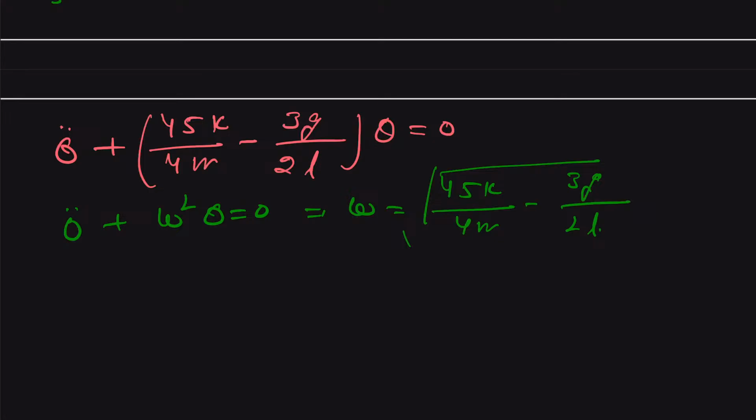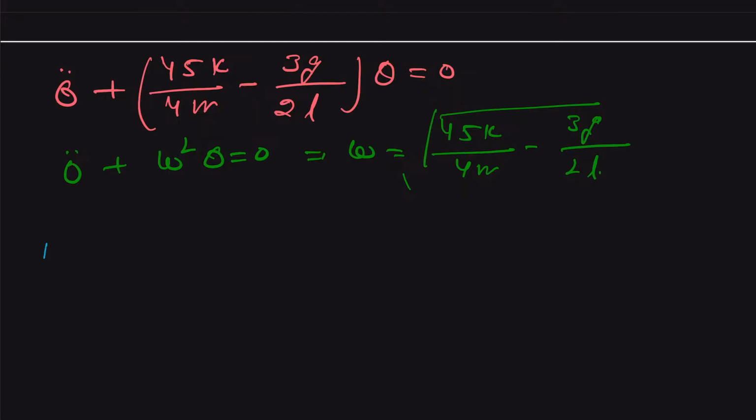And okay, from here I forgot to mention that we can also find out the value of the spring constant for stability. First case we can also do the same. So we can say for stability, this term under the square root should be positive.